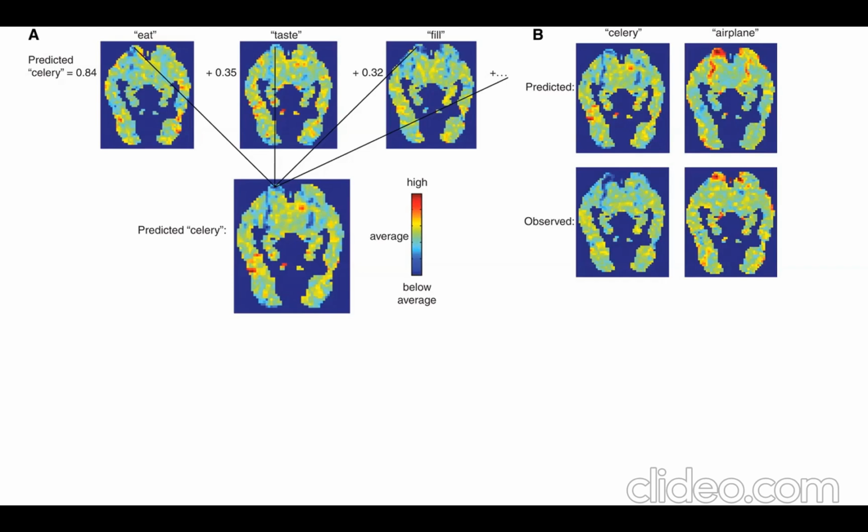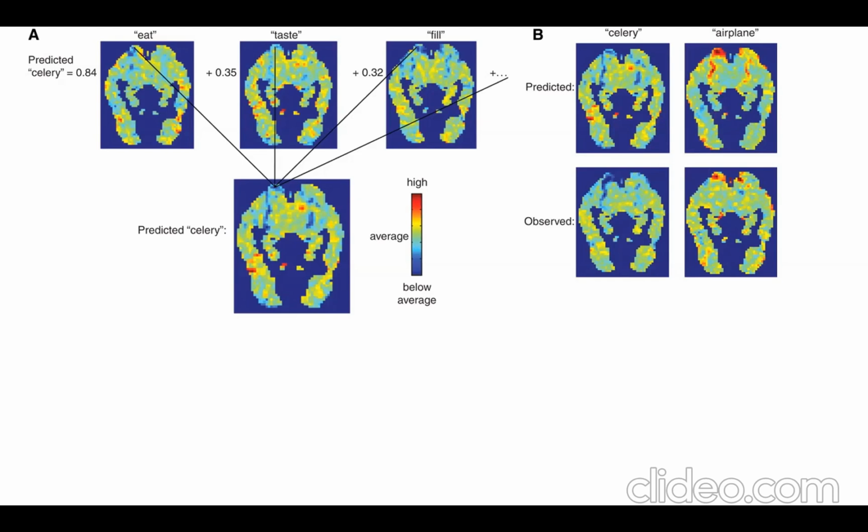So here, our model that was trained on all the words apart from celery, for example, predicts a certain brain activation for the word celery. But then we actually have the observed brain map for celery, and we can ask, is this similar? Is there a correlation between the predicted brain map and the observed brain map? We do that for each of the words sequentially.